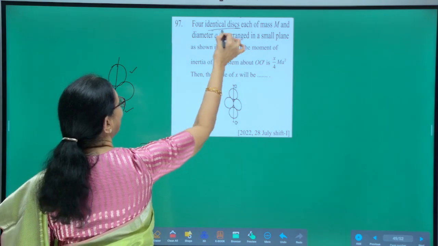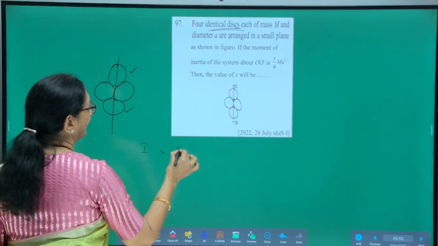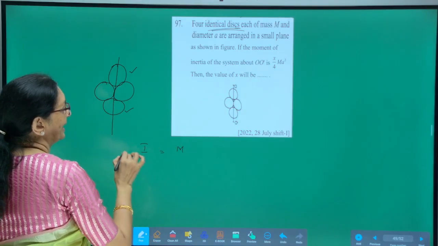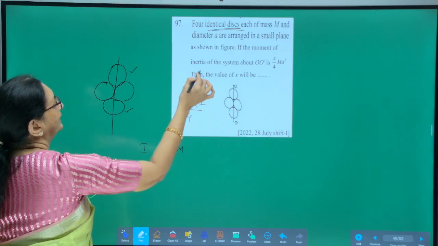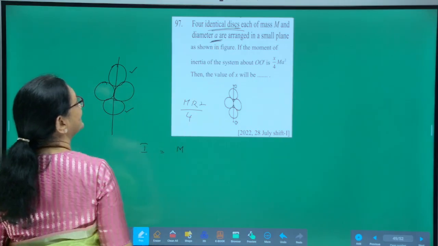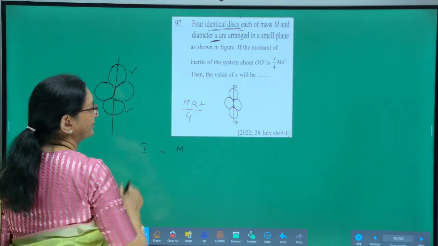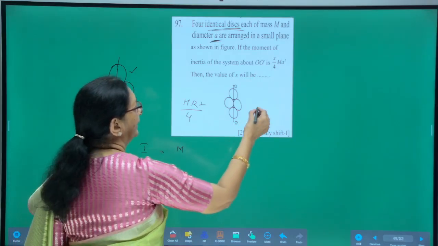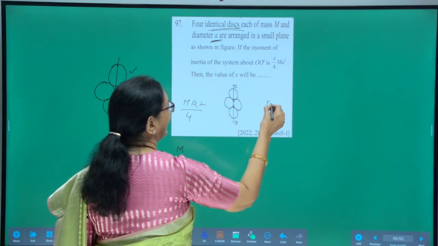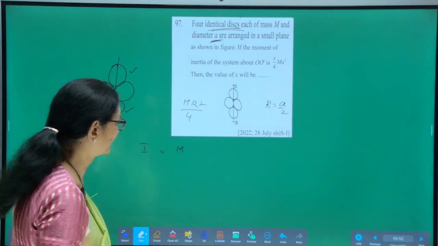They are identical discs. For a disc about the diameter, it is m r square by 4. But here diameter is given as A. So, anyway, let us take it as R, and finally we substitute, as diameter is A, R will be equal to A by 2. At the end we can substitute that.